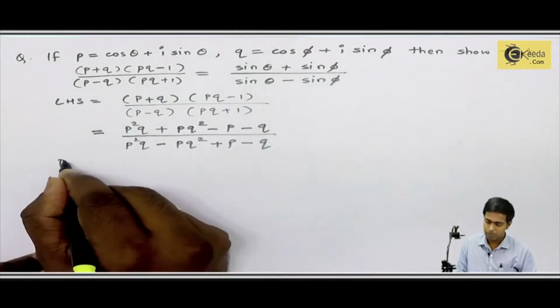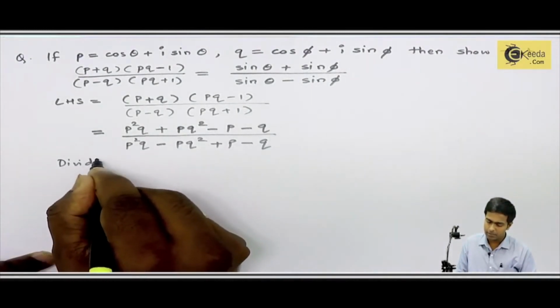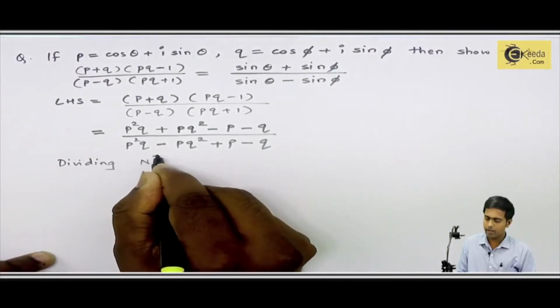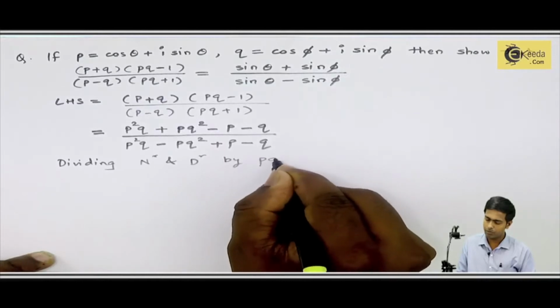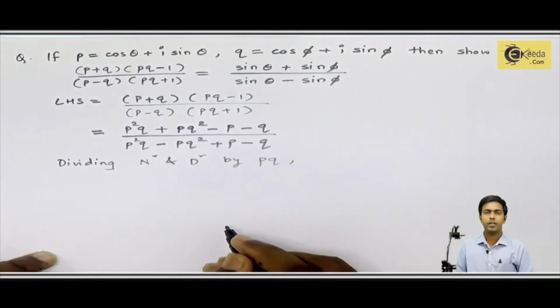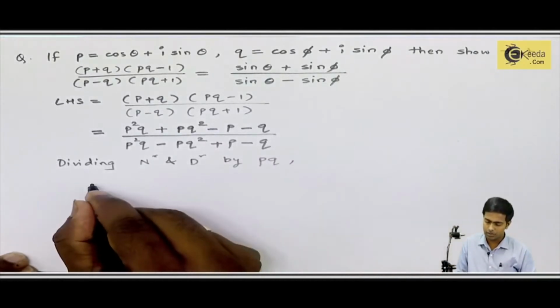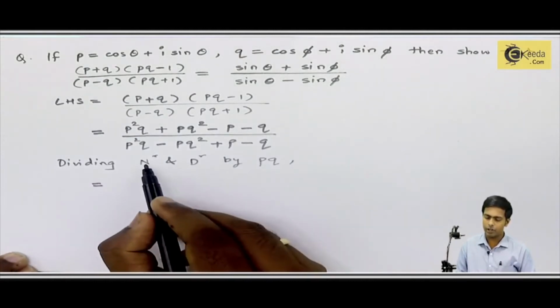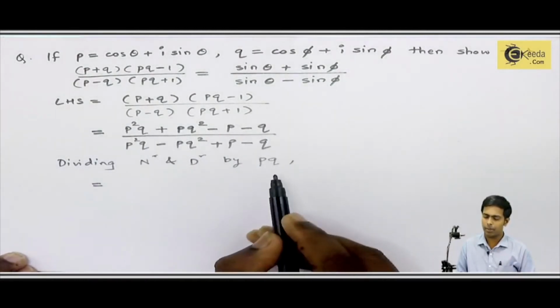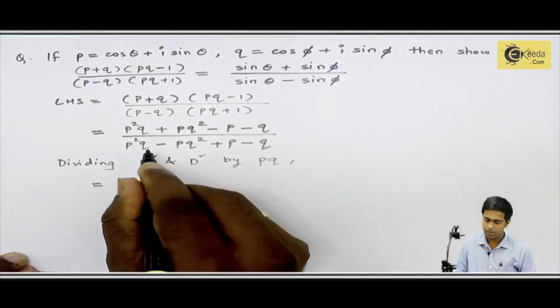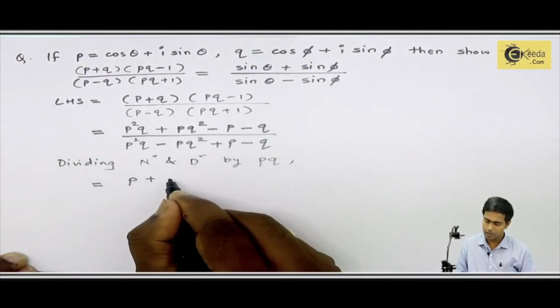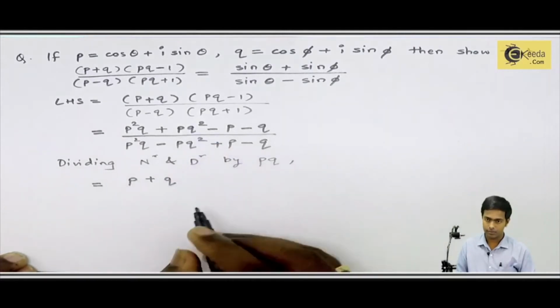So I'll say dividing numerator and denominator by PQ. Now let's see what happens after division. So when I divide the numerator, that is this whole term, by PQ, it will give me P here plus Q here.